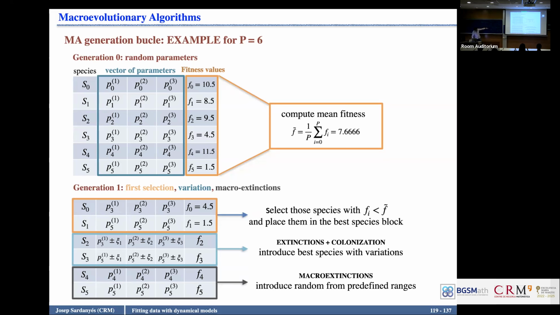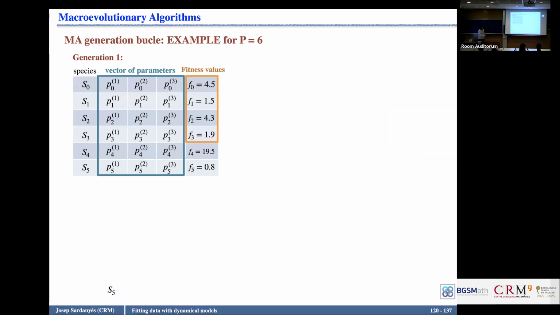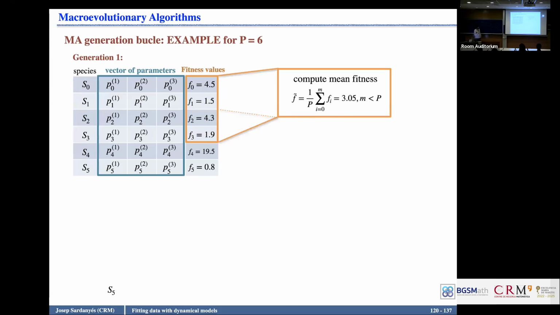First one 4.5, 1.5, and then the other values I get, also comparing the simulated data with the experimental data. Now I have random values. I can have a very low or a very large fitness, but usually the fitness is not good.